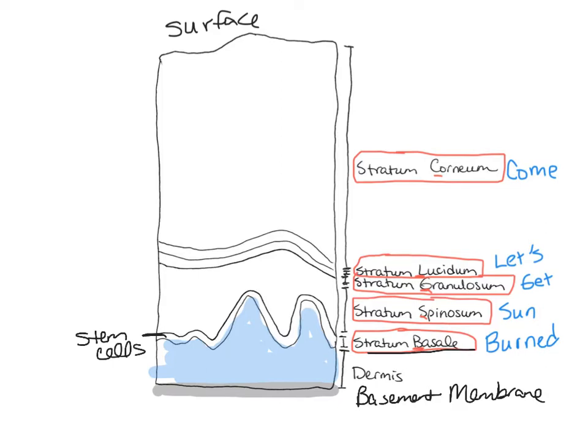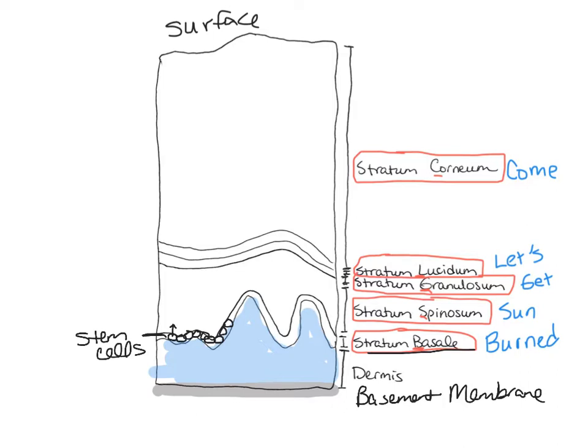And those stem cells are constantly going through mitosis because, you know, the surface of your skin is constantly being sloughed off. So we have to create new cells. So the stratum basal layer has these cells in there that will go through mitosis, and one daughter cell goes up to the next layer and the other daughter cell stays in the stratum basal. That's what happens at the end of mitosis. One moves up and the other one stays in the stratum basal layer.